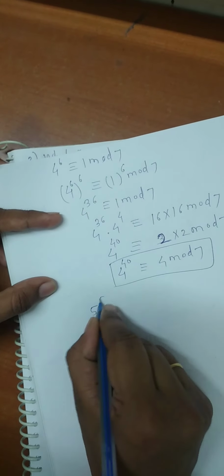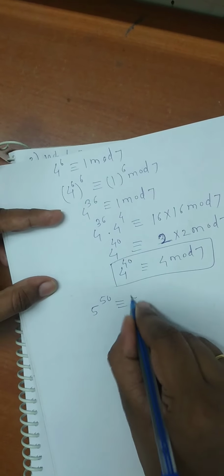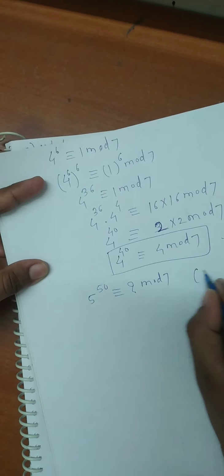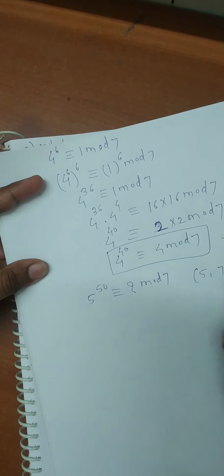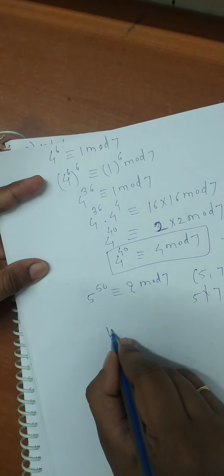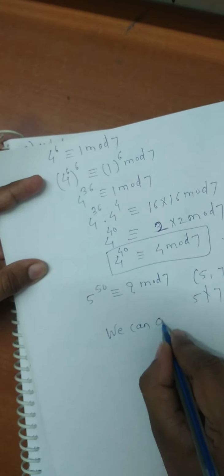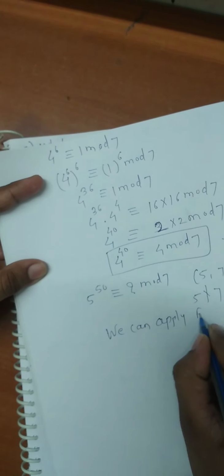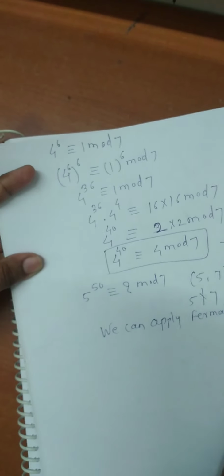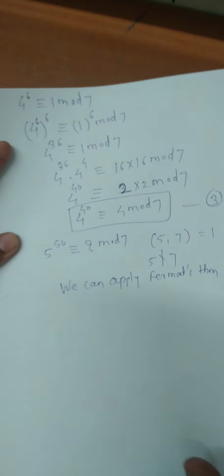Yes. Next we want 5 to the power 50. 5 to the power 50 is congruent to which number modulo 7? So again here the GCD of 5 and 7 is 1 and 5 does not divide 7. So we can apply Fermat's theorem.